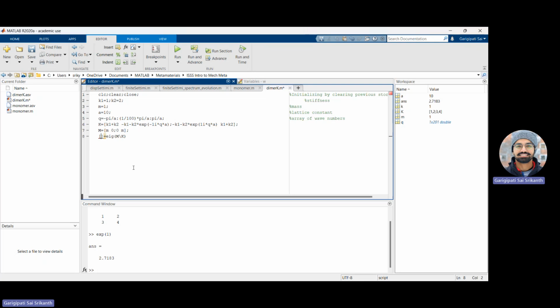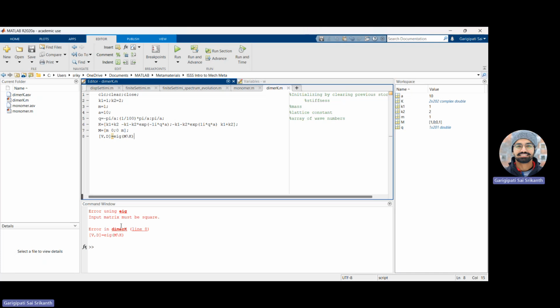And then it stores them in V, comma D, whereas V gives you the eigenvectors and D gives you the eigenvalues. So let's take a look at this. We solve it.